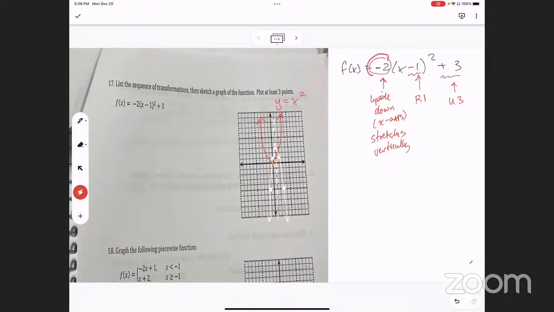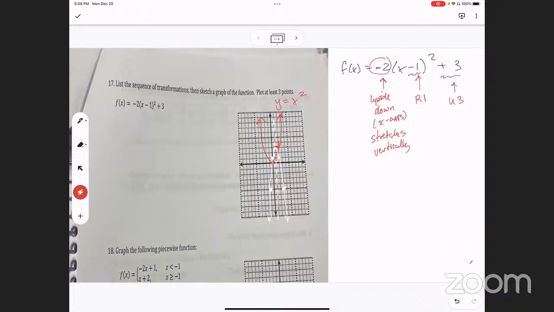But with the white one, I'm actually multiplying that by a -2 on the outside. So if you have a -2 on the outside, after you go over 1, instead of going up 1, you're going up 1 times -2. So, here's my vertex, right? The white graph.